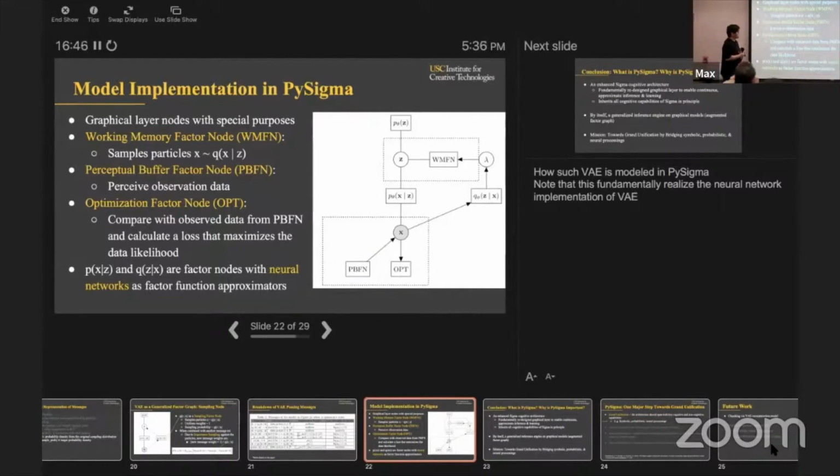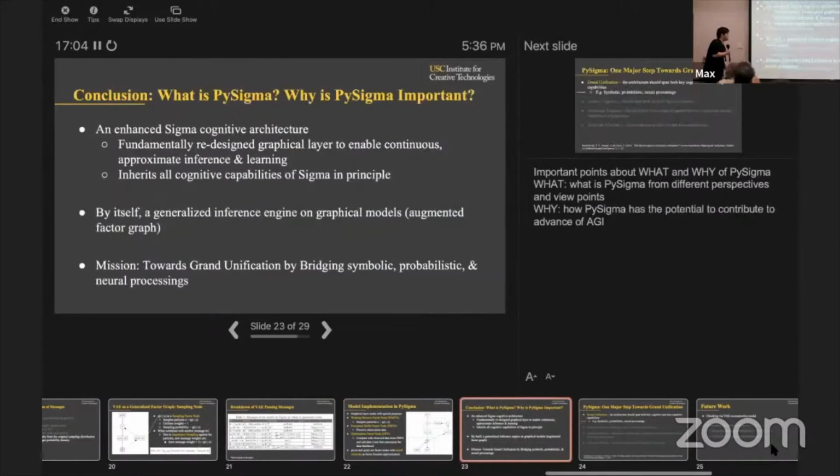Another thing to note is that the factors P of x given z and Q of z given x are factor nodes with neural networks as factor function approximators. And therefore, this basically implements the VAE in its neural network form with probabilistic models in PySigma.